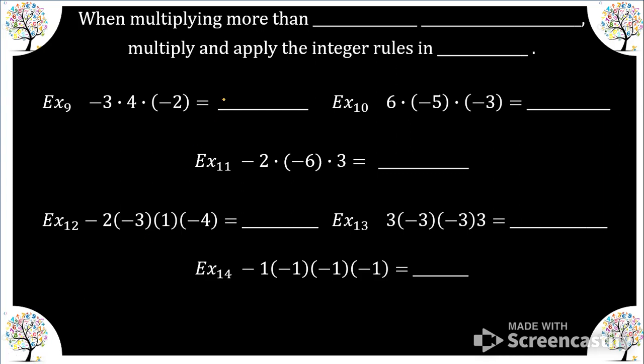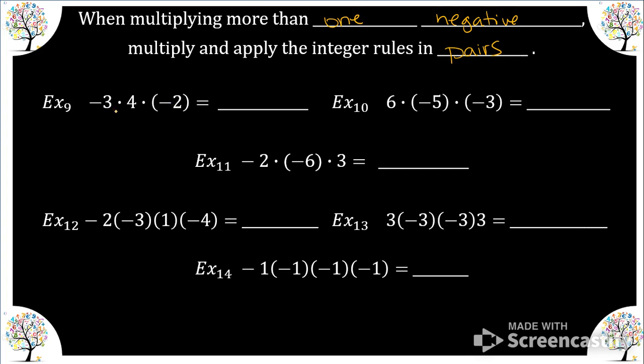When multiplying more than one negative number, multiply and apply the integer rules in pairs. The way I like to do my problems is you can simply go left to right.